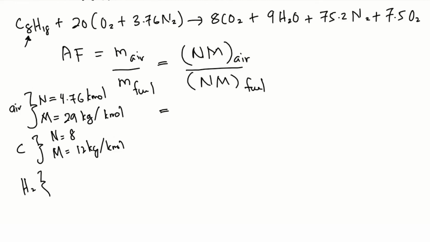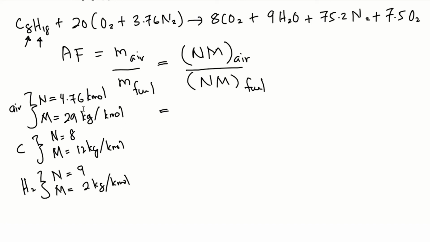So we are talking about H2, not H. So now the number of N is actually equal to 9, so 9 multiplied by 2 is actually 18, and the molar mass for hydrogen is 2 kilogram per kilomole.